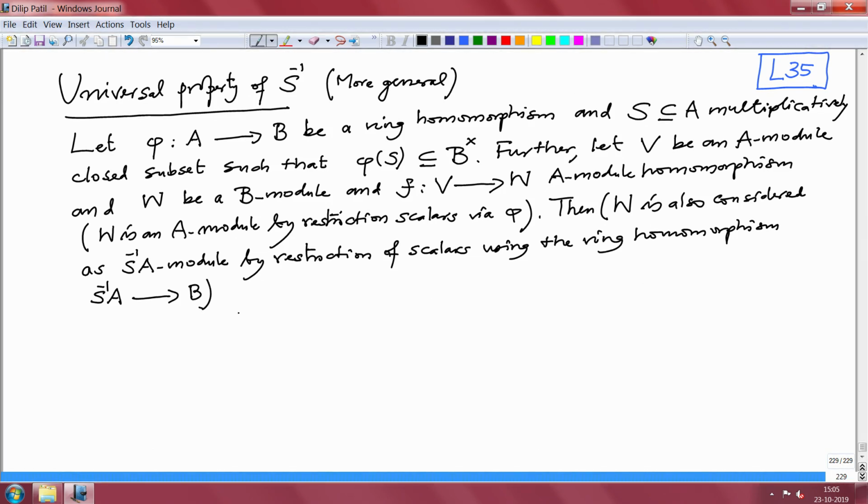Then there exists a unique S inverse A module homomorphism.